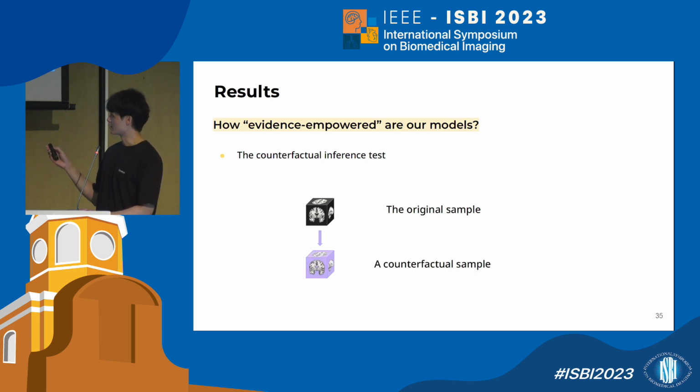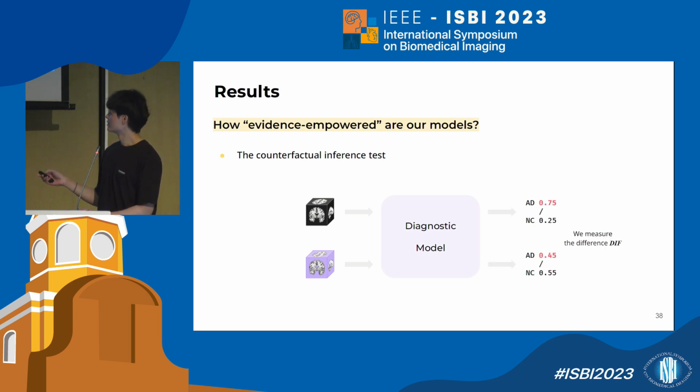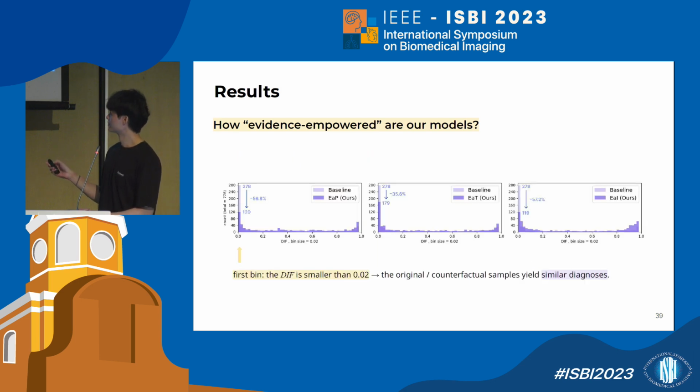By doing so, we get a counterfactual sample of the original sample, and then we pass both of them into a diagnostic model. The logic here is that a trustworthy model should make predictions that reflect the changes when the input features are modified. So we measure the difference in predicted probabilities.